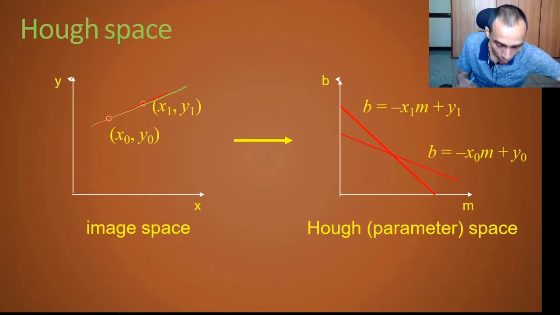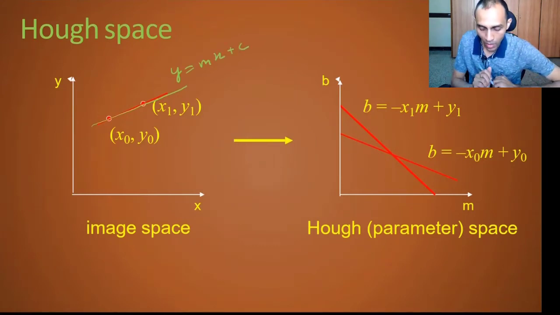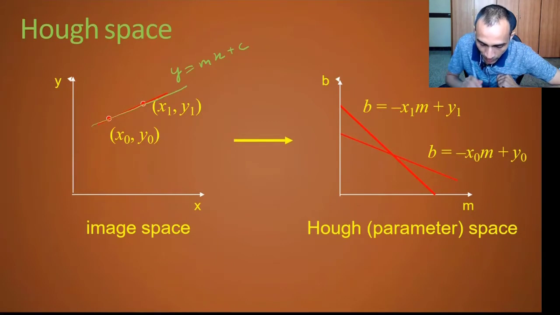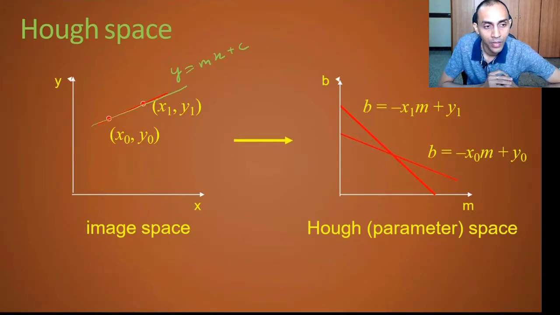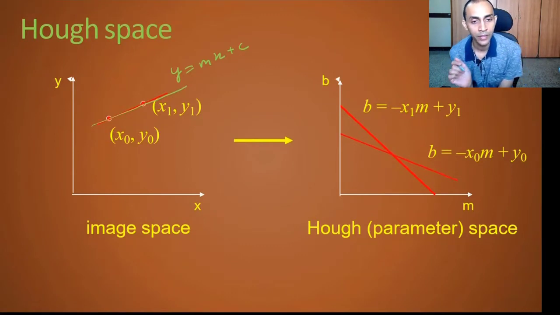So if you want to know what is the slope of this line, how we will know that? By looking into the parameter space. Anybody has an idea?